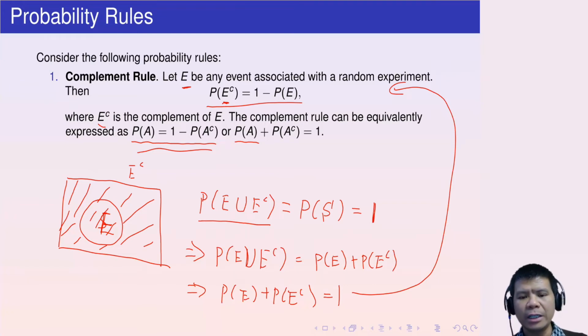The probability of getting a head plus the probability of not getting a head is exactly 1. Is someone female or male? The probability of a female equals 1 minus the probability of a male. And the probability of winning a lottery equals 1 minus the probability of not winning a lottery. That is the complement rule.